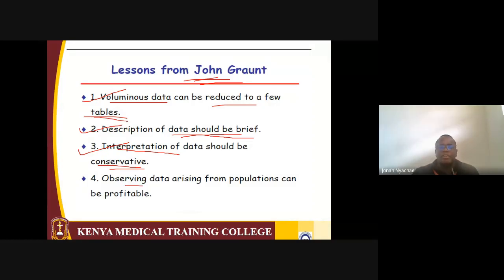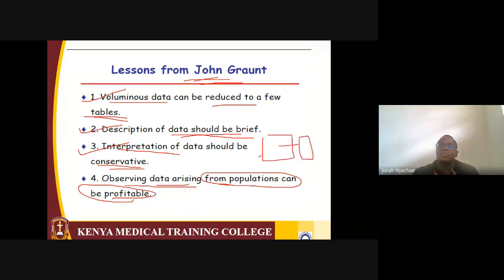And also, observing data arising from a population can be profitable, because he observed a particular population, collected data, analyzed and presented it in tables and showed us which population is dying. He was even able to push that through legislation. So please go and read the John Grant story.